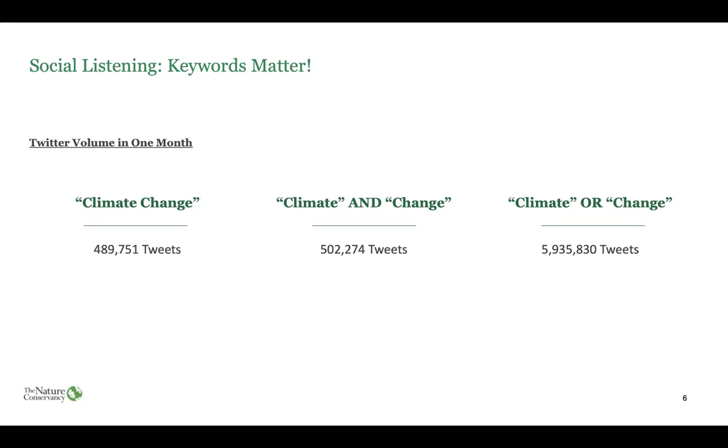So someone might be talking about climate and then saying change is needed. That's a different way of searching for climate change. And then the last one, we're telling Khoros to look for climate or change.